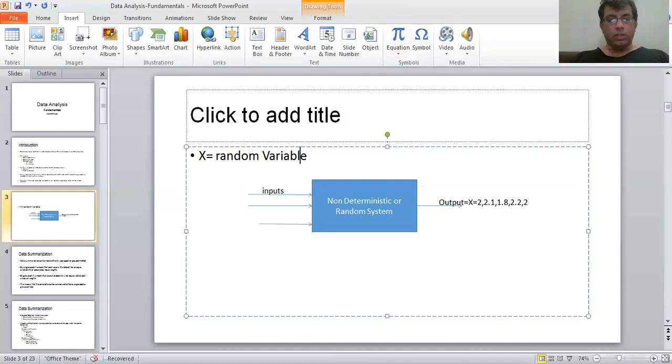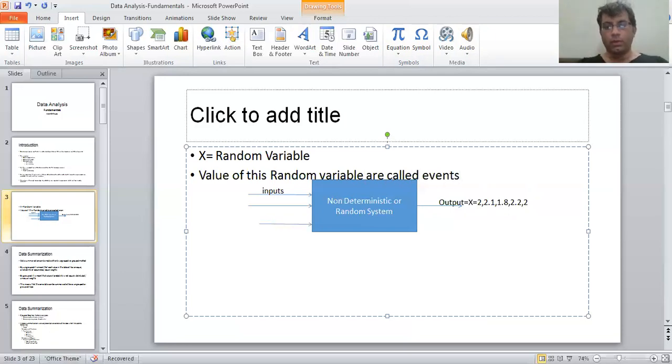So this is the random variable, and each and every single output of this random variable, or we can say the values of this random variable, are called events. So 2 is an event, 2.1 is an event, 1.8 is an event, right?